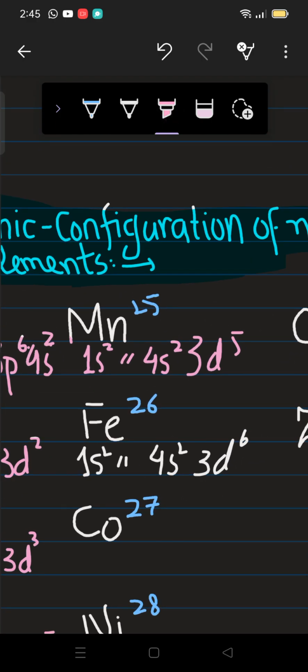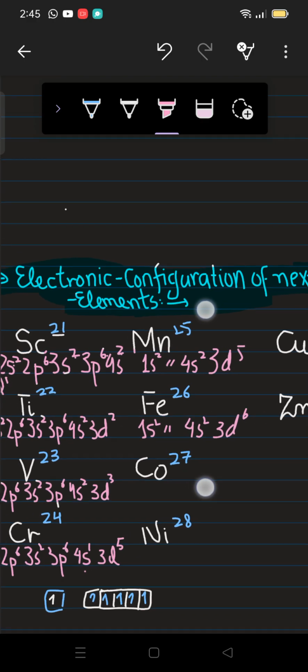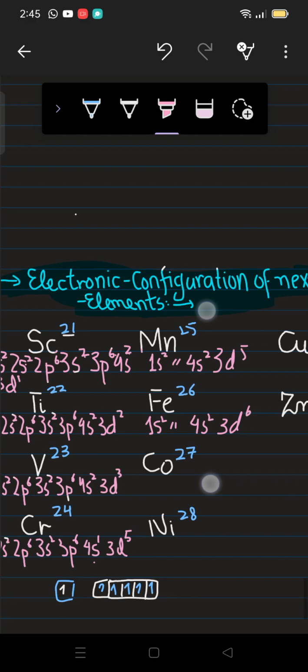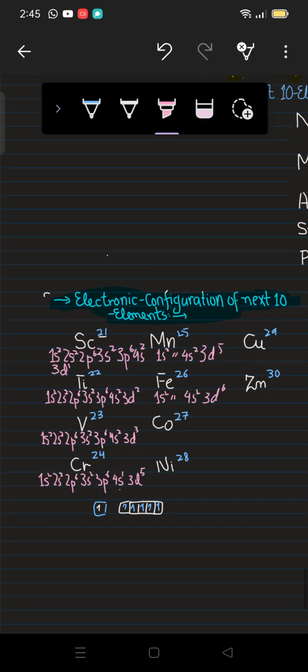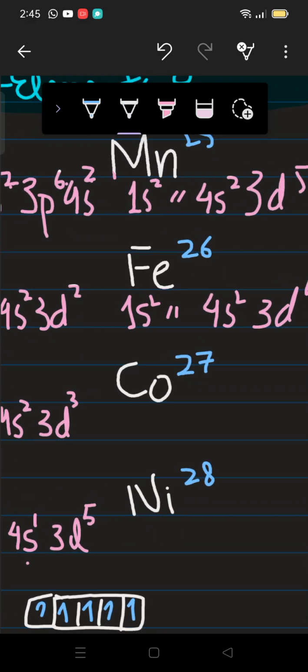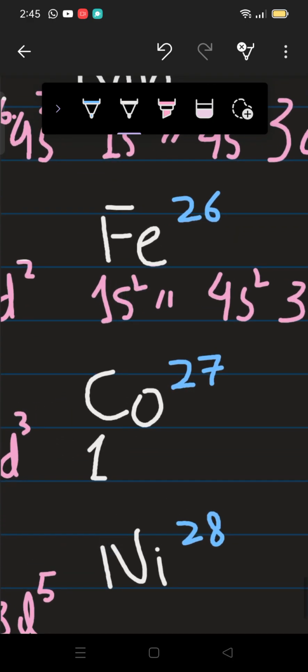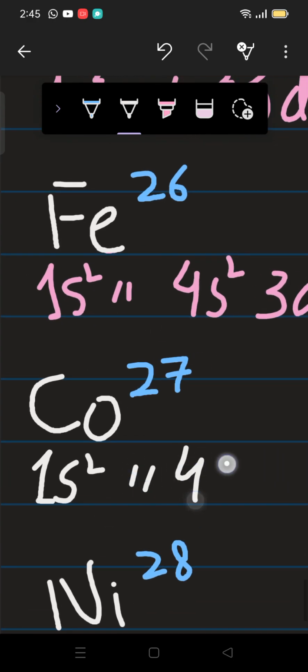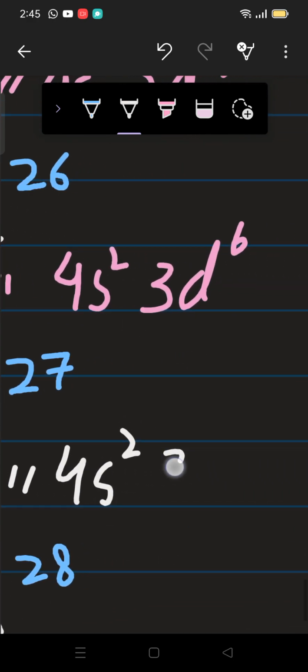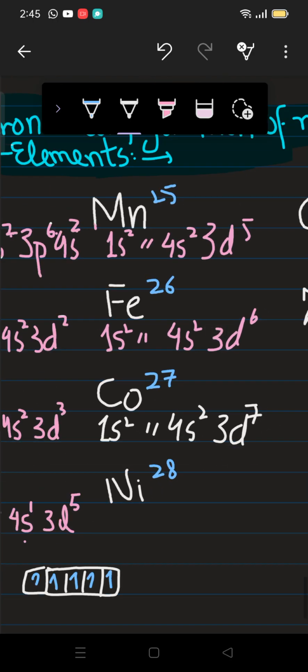So 1s2, 2s2, 2p6, 3s2, 3p6, 4s2, 3d6 is the electronic configuration of iron. Then cobalt: 1s2, 2s2, 2p6, 3s2, 3p6, 4s2 and 3d7. This is the electronic configuration of cobalt.